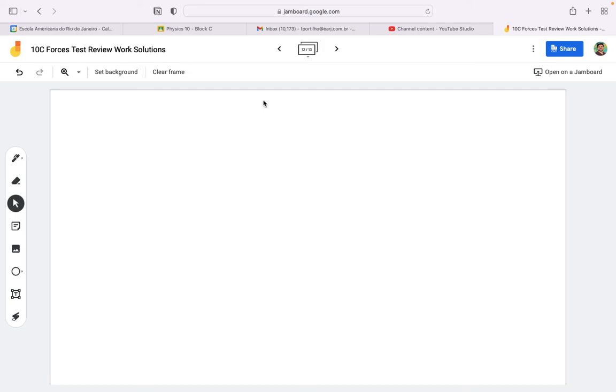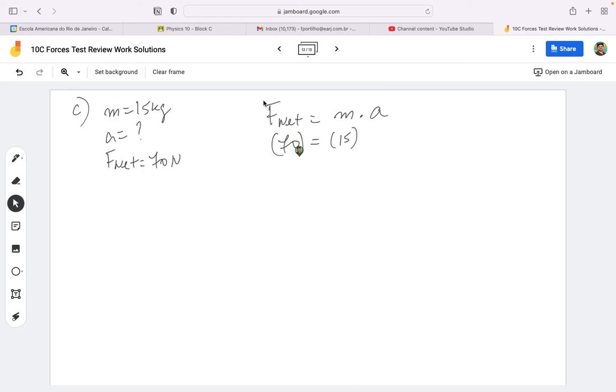So letter C. The mass given is 15 kilograms. The acceleration is what we're looking for. The net force is equivalent to 70. Given that Newton's second law equals net force equals mass times acceleration, we just plug in the information provided to find a.